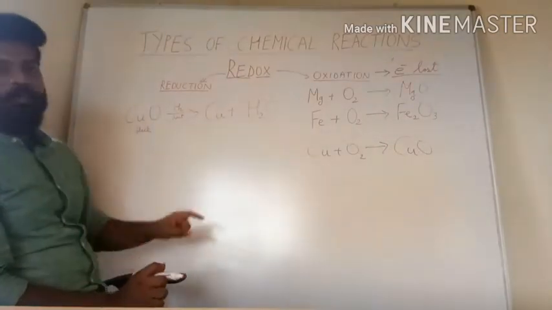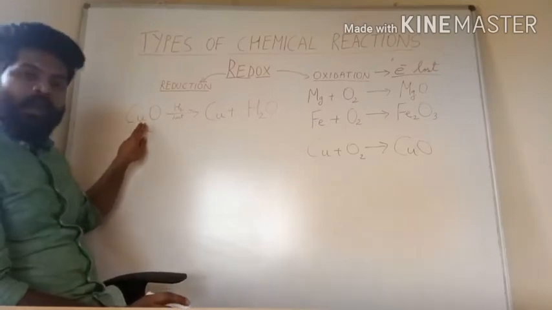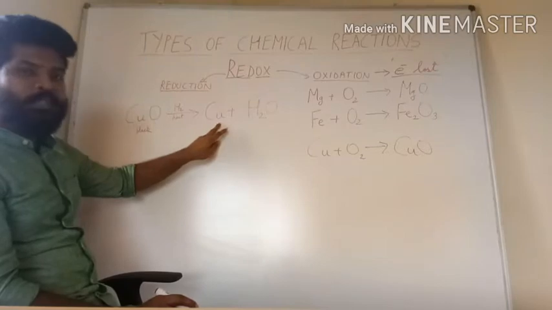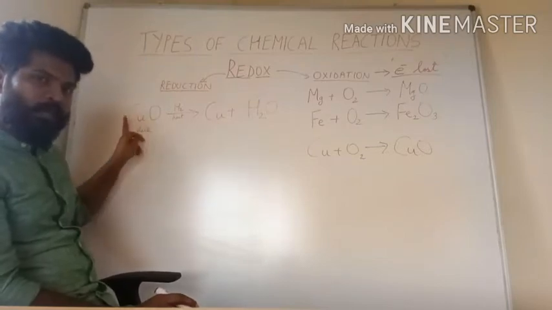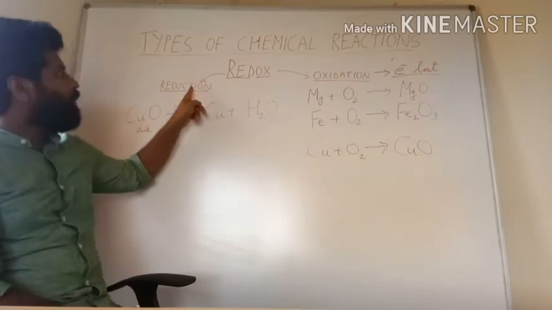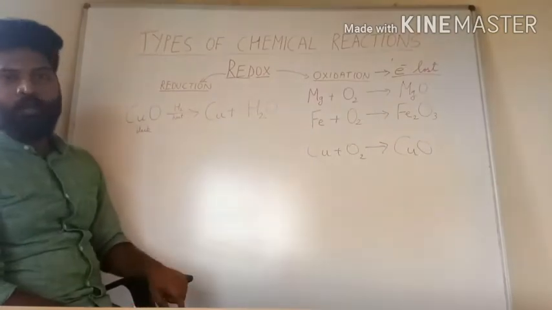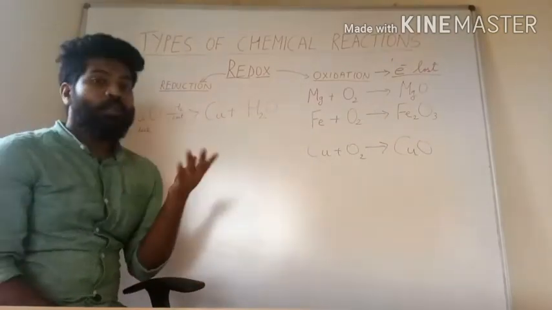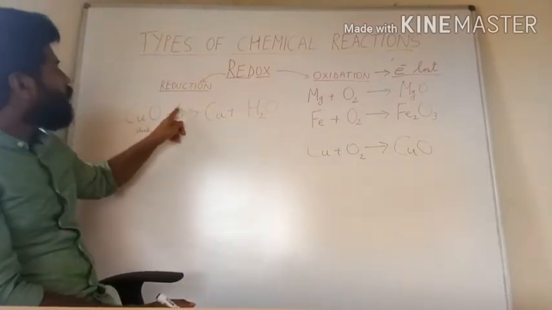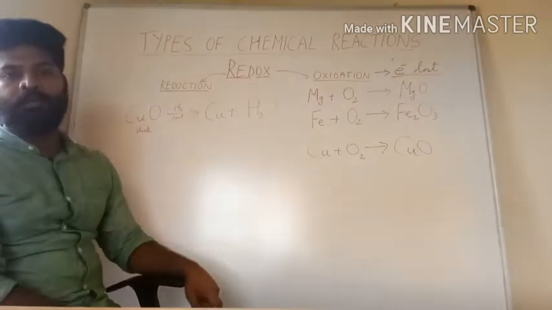So this is an example of a reduction reaction where in the beginning we had copper oxide, the product is copper, which means that oxygen has been removed, which is nothing but a reduction reaction. Oxygen is removed. Reduction can also mean hydrogen is added. For example, hydrogen was added to oxygen to give you water.